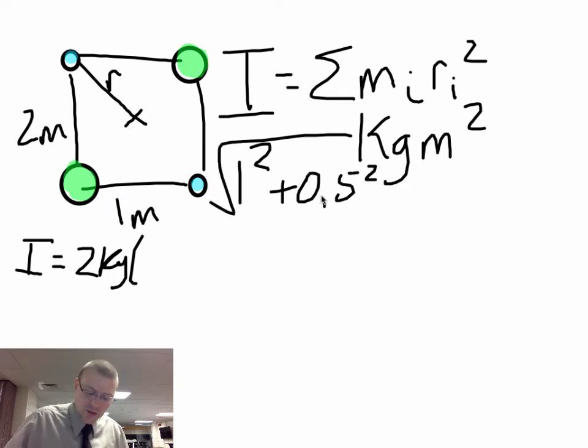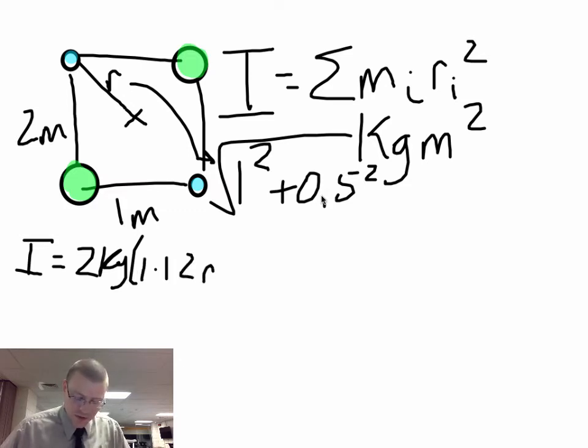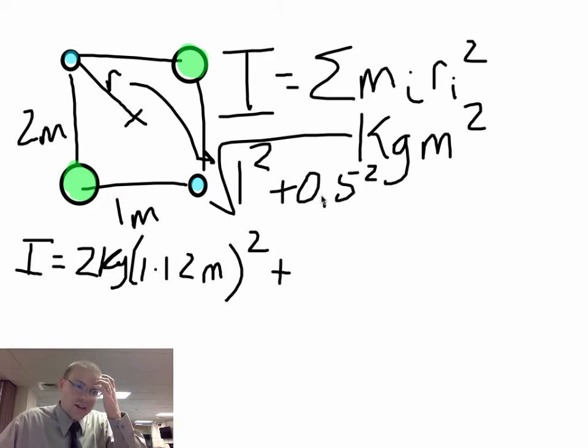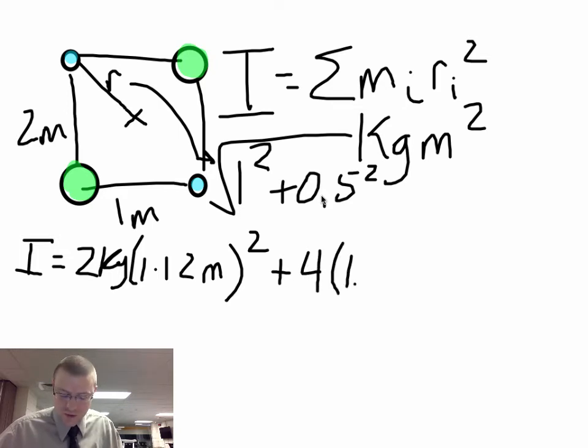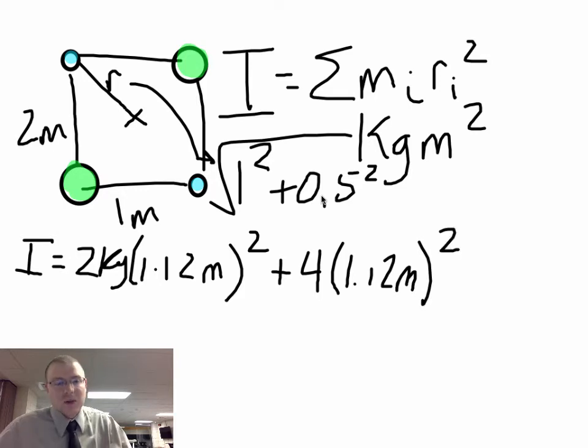Square root will give you the r value. So the r value ends up being 1.12 meters, and we got to square that. So if you look at that for all the masses, now I'm going to do that for mass 2. Mass 2 is 4 kilograms, multiplied by that same distance, 1.12 meters, and I've got to square it. Plus mass 3, plus mass 4.